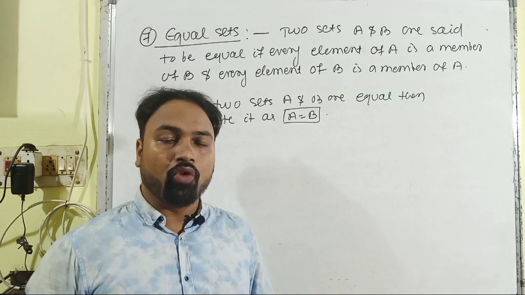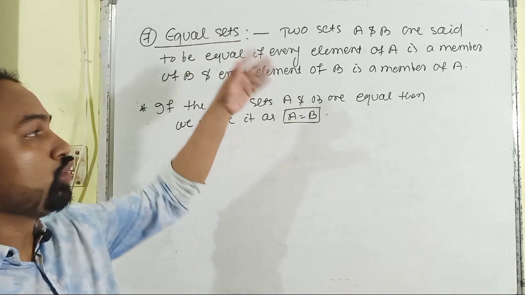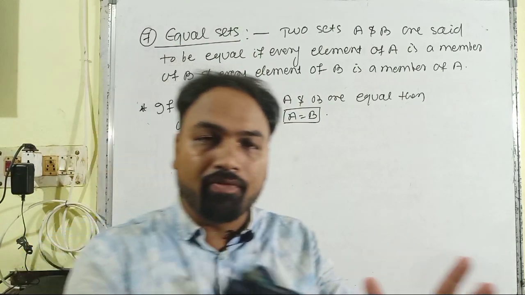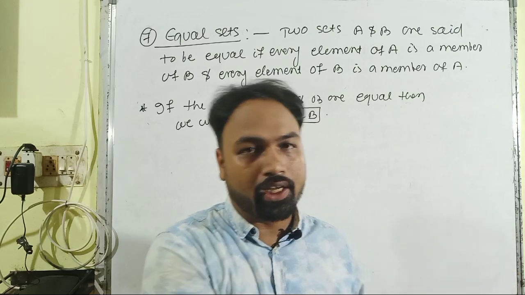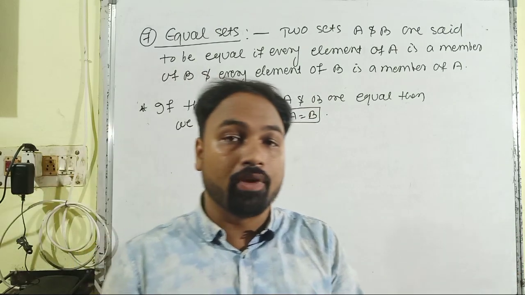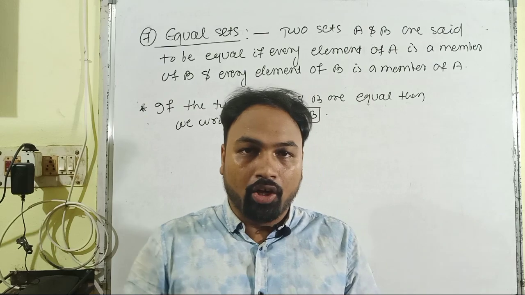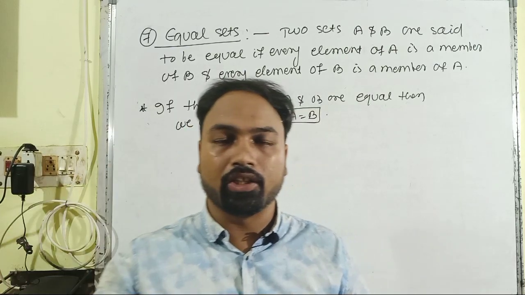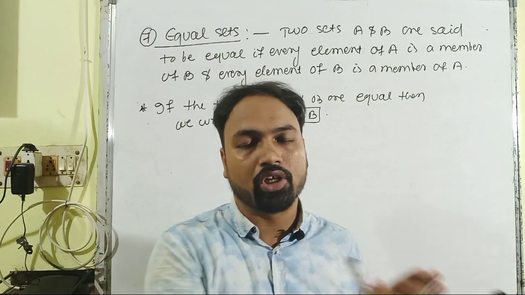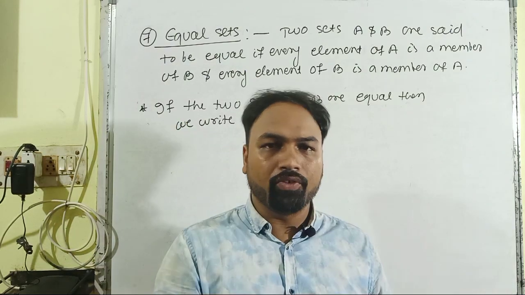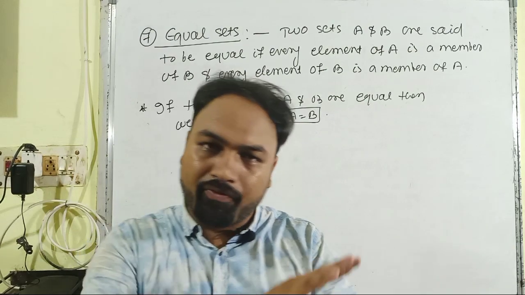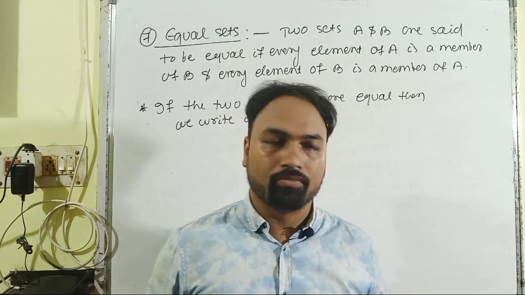The definition of equal sets tells that two sets A and B are said to be equal sets if all of the members of the set A are also the members of B, and again all of the elements that are present in the set B are also the members of A. That means all of the elements in the A set and in the B set are very much equal with each other.